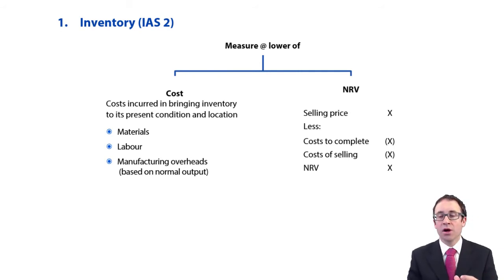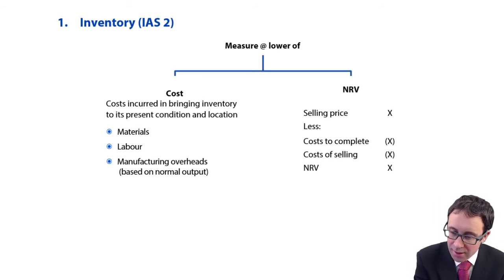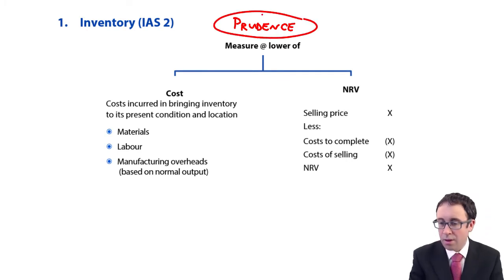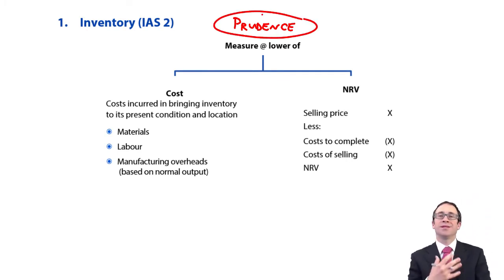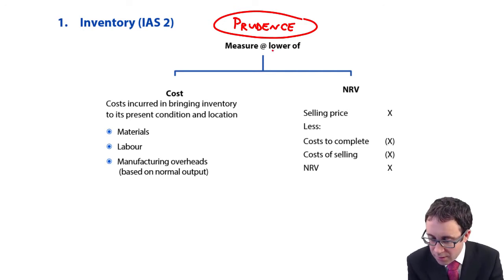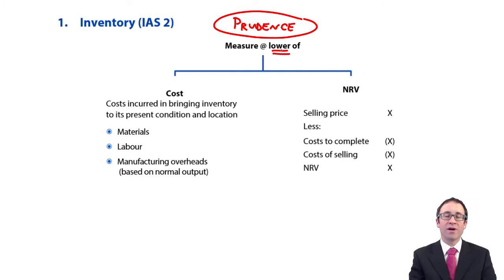Well, remember, the accounting concept that we are looking at here is prudence. And that prudence concept dictates that we therefore measure the inventory at the lower of cost and net realizable value.